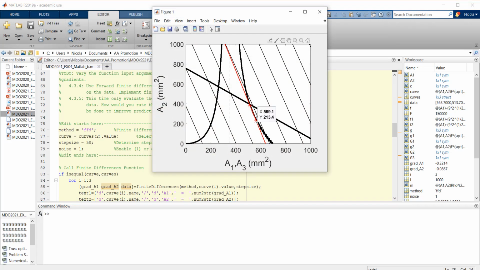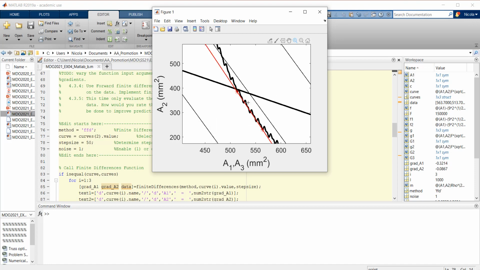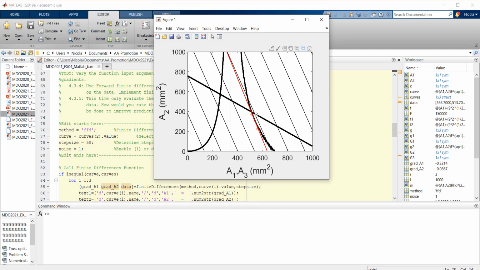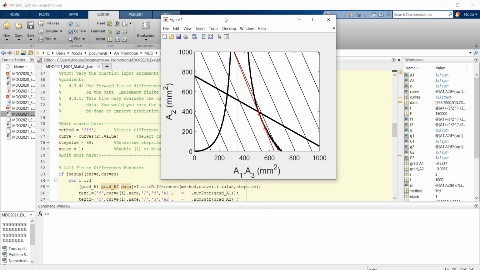And then you see we got different points here. They are really far apart, kind of. But the gradient looks much better. Also here you can try different step sizes and also use different gradient approximations.